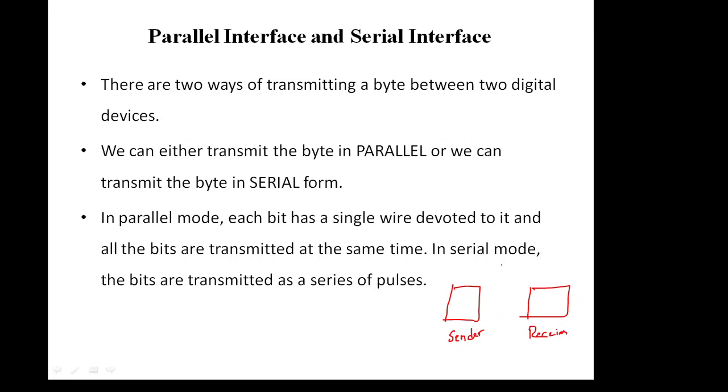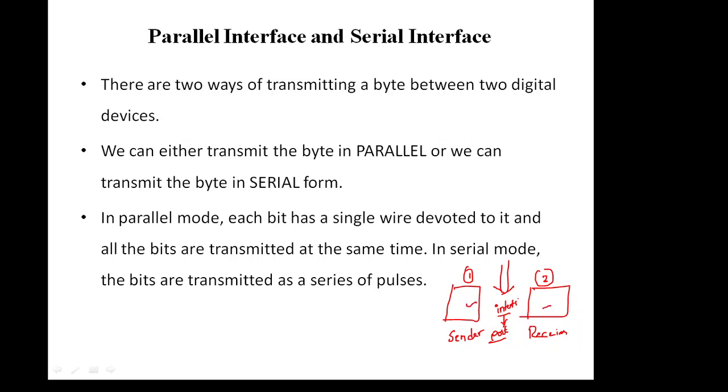We need to make a communication between the sender and the receiver, so we need to have an interface in the middle. This interface we call a port also. So the ports or interfaces are used for communication between two devices.